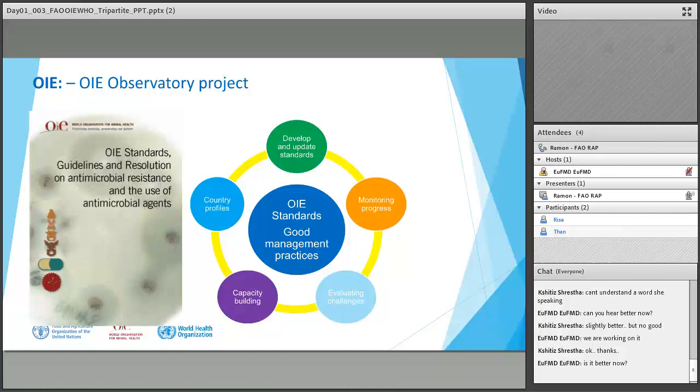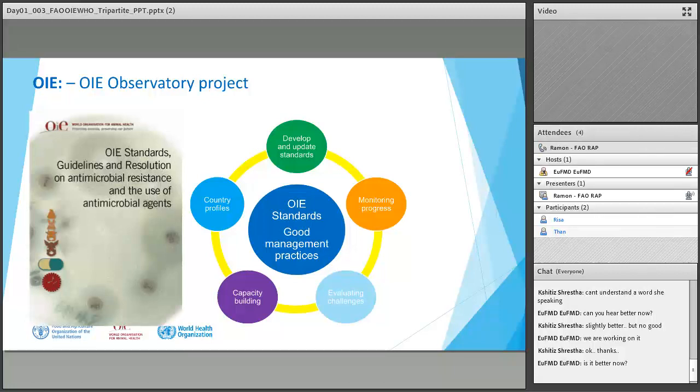So, OIE has a network of laboratories, a set of experts to support countries, and time to time, OIE updates international standards. Whenever OIE prepares the drafts of international standards, those standards are circulated with the member countries.